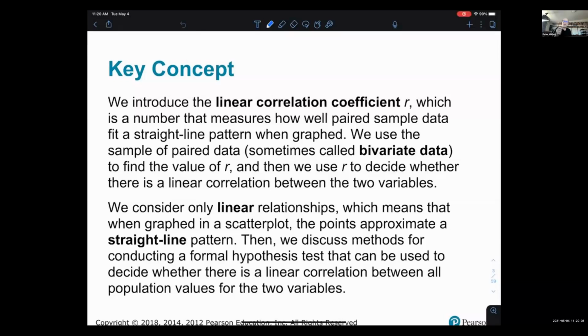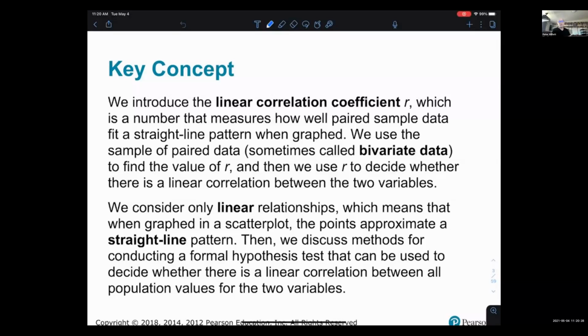But this is a mathematical and graphical measurement. As we will see, it's possible to have a fairly high R value, getting up there close to 1, when you actually do not have a linear correlation, because there's some other correlation instead. We'll see that in the upcoming graphs.